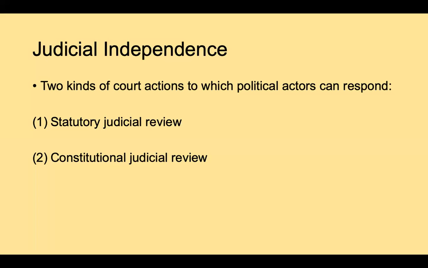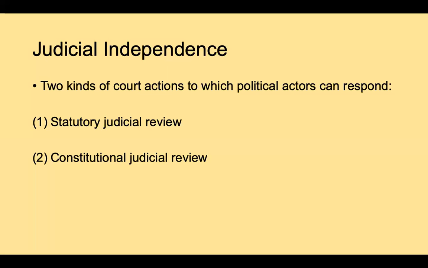On the topic of the politics of judicial review and judicial independence, there are two kinds of court actions to which political actors respond. I just identified those different dimensions, those different areas of judicial independence, those different areas where other institutions, the executive and the legislature, may have more or less influence, and where the influence of the other institutions may undercut the independence of the judiciary.